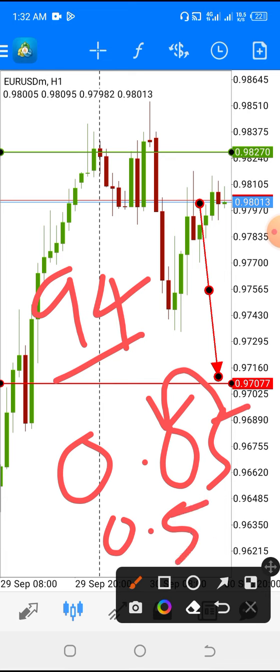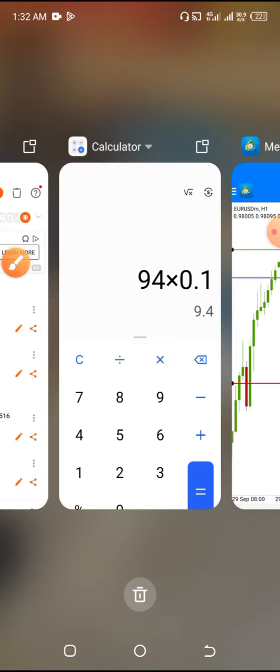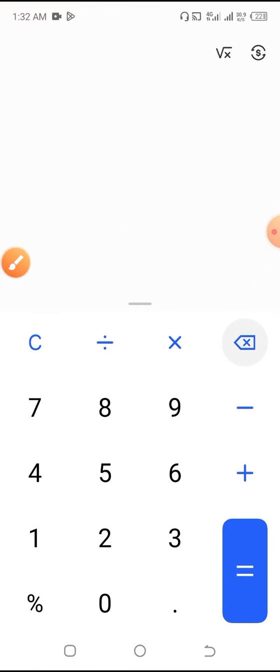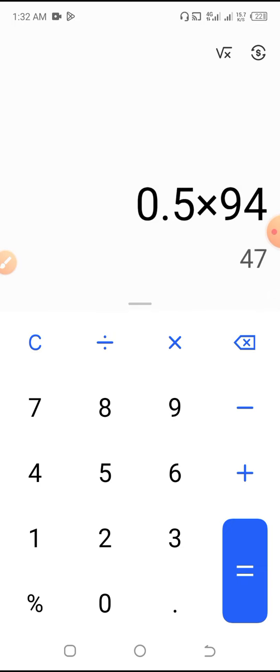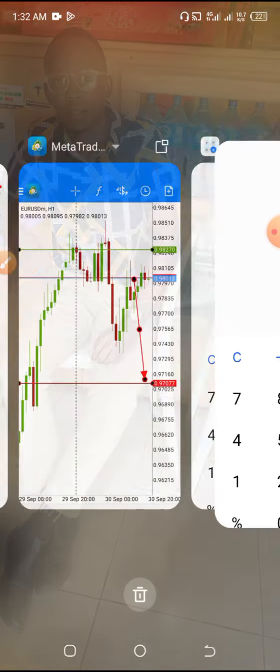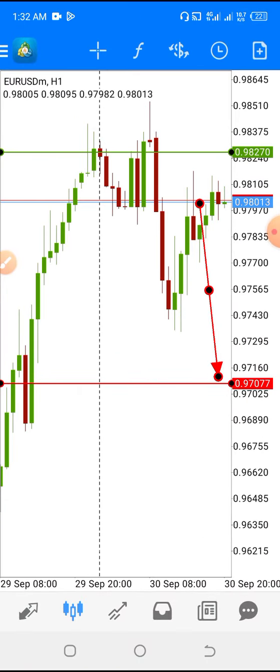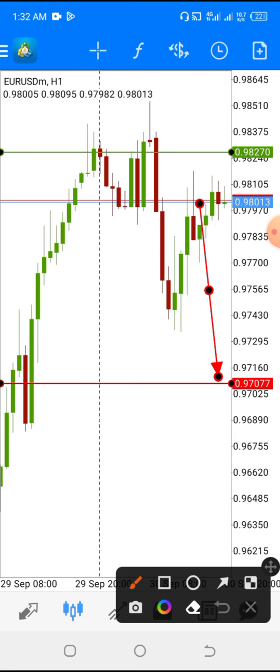So 0.5 times 94. That's a big lot size, you're going to be making $47. If you're using a lot of 0.05, you're going to be making $47.